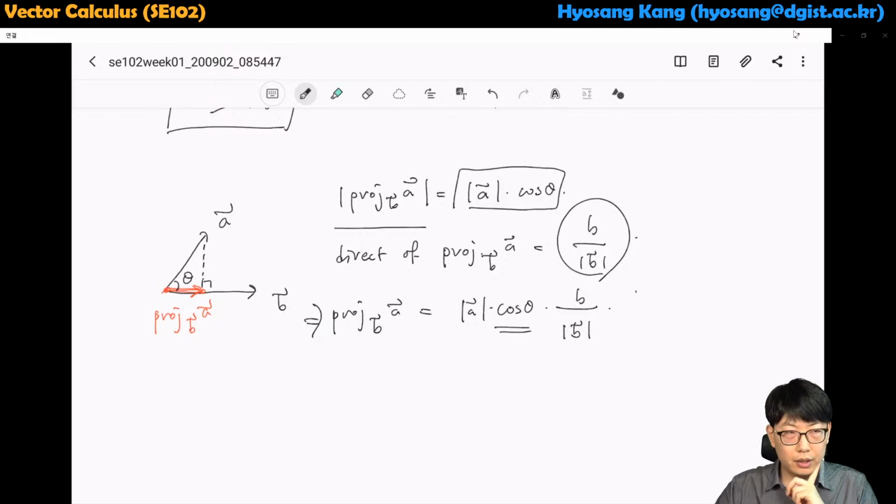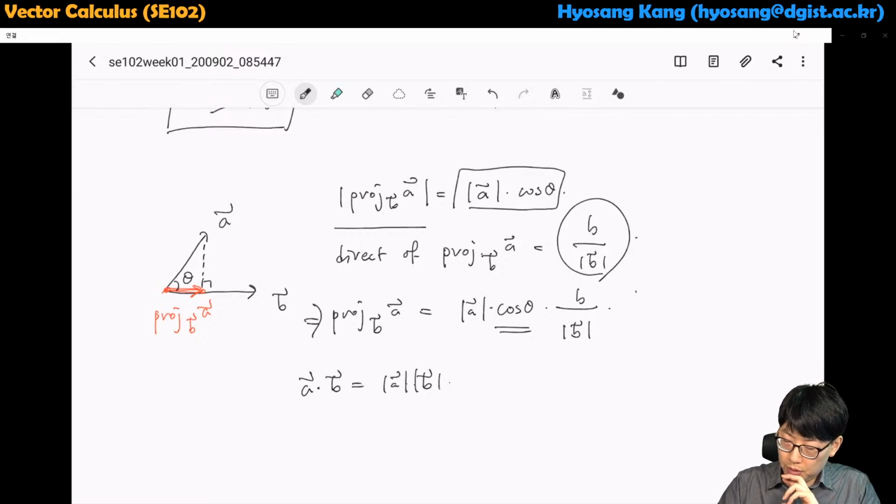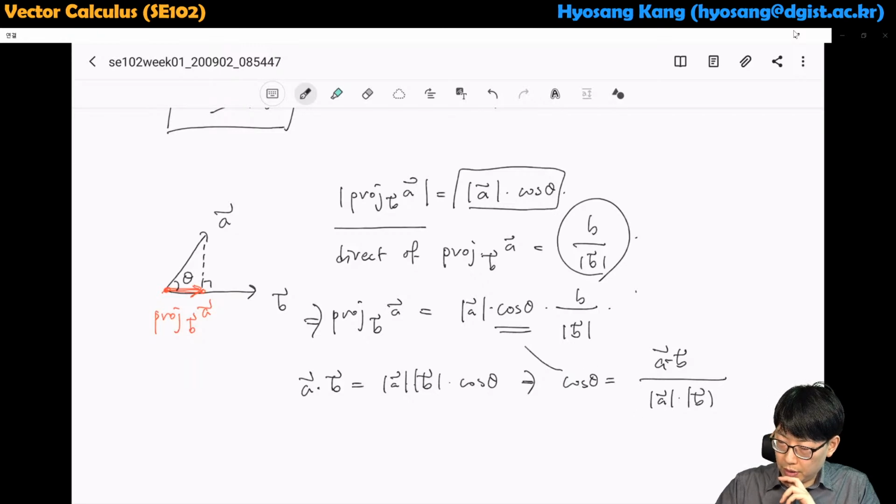Now I want to get rid of this theta, because theta never appears in the condition that I have, only A and B. But we can use the definition, a theorem of the inner product. So A·B is equal to the norm of A times the norm of B times cosine theta. Therefore cosine theta is A·B over the norm of A times the norm of B. So I can plug in this formula here.